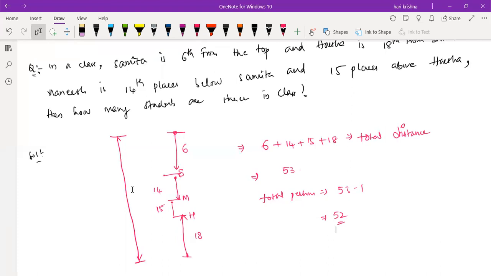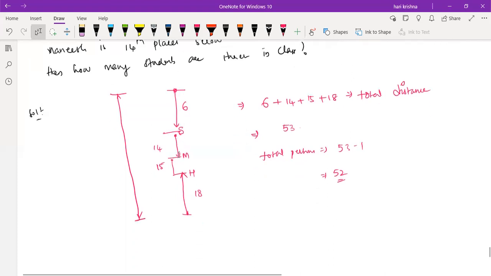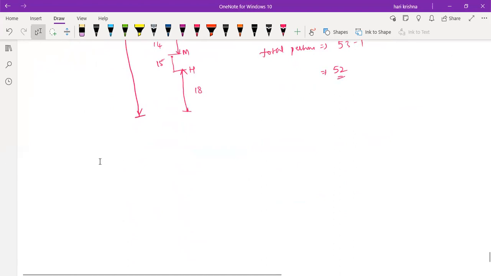Is it clear, the complete concept? Yes. Okay, we will wind up the session today itself. Whatever the order and ranking is, we'll finish it off today, and next class I'll start the new topic.